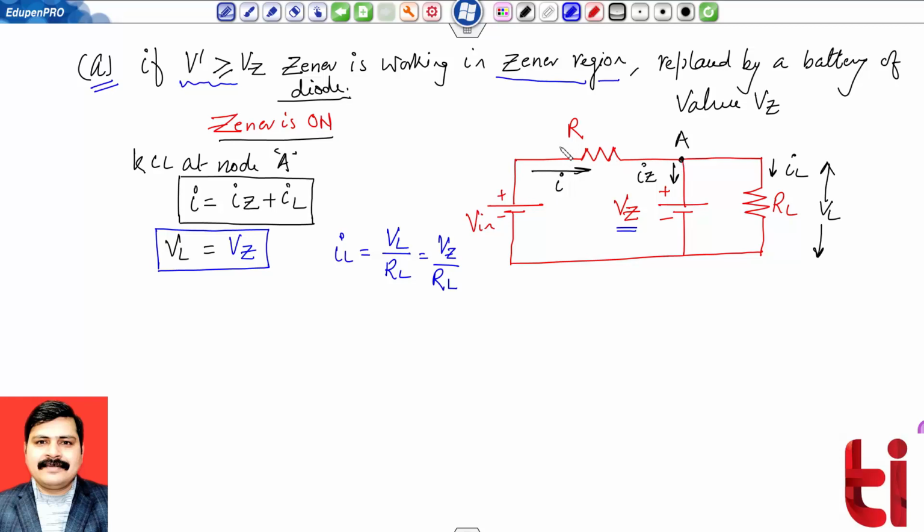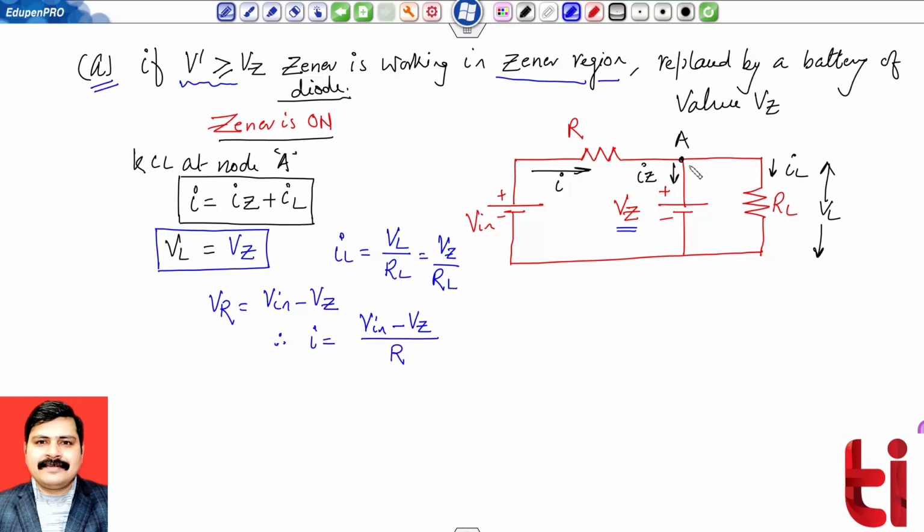The voltage across resistance R, I'm representing as VR, is nothing but V in minus Vz. Therefore, the current flowing through this resistance I will be equal to V in minus Vz divided by resistance R.